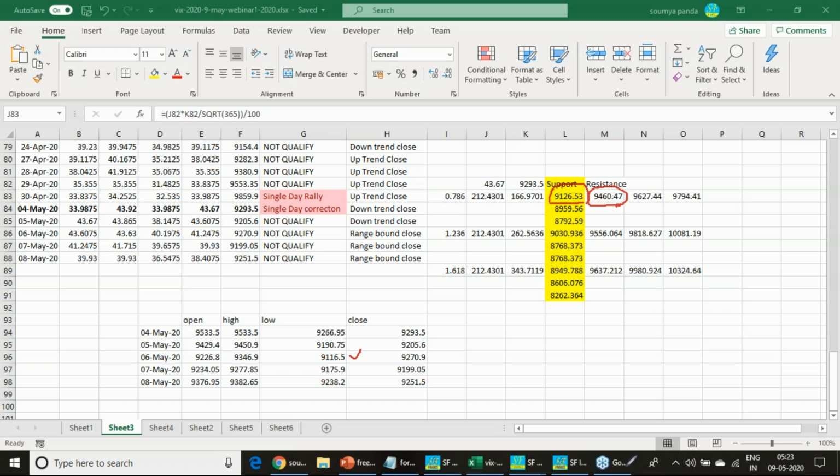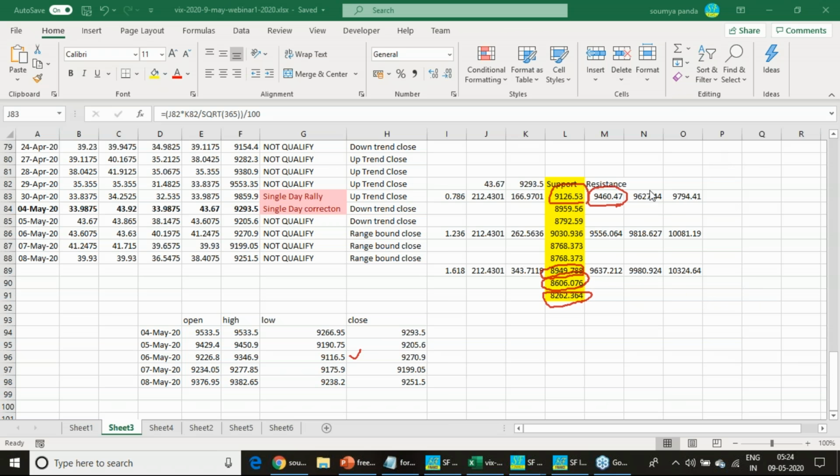If it goes below 9126 and sustains there for some time, you can think of selling the Nifty, you can hedge the Nifty, and you can go for a first cycle termination target of 8949, or 8606, or in the most bearish case 8262 also.